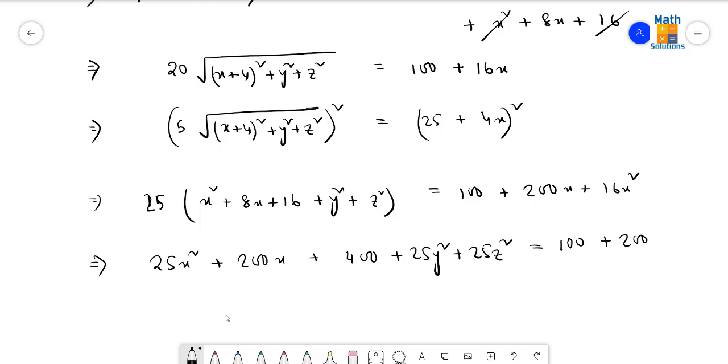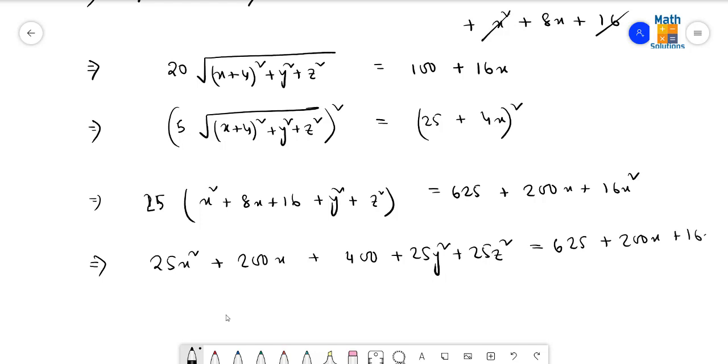I'm making a mistake. Actually it should be, 25 square is 625. Here also it will be 625. So let us make it correct. 625. Here also it is 625.